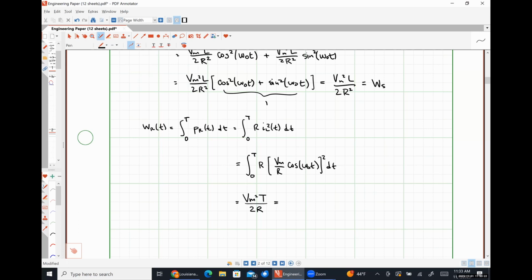And so we wind up getting here 2 pi times Vm squared divided by twice omega naught R, where this 2 pi over omega naught is just capital T. So notice here, we would have Vm squared divided by R squared multiplied by an R. We only have one R in the denominator.